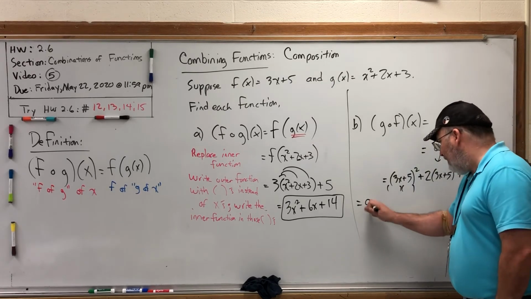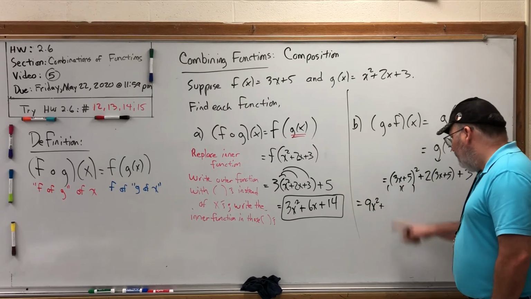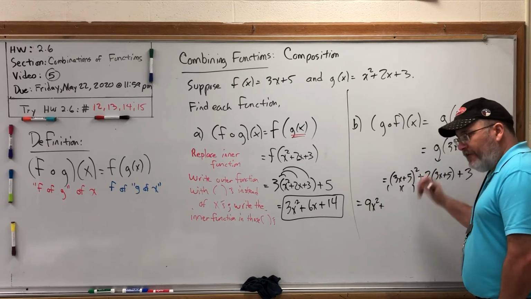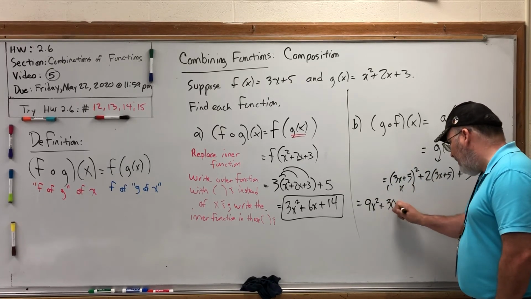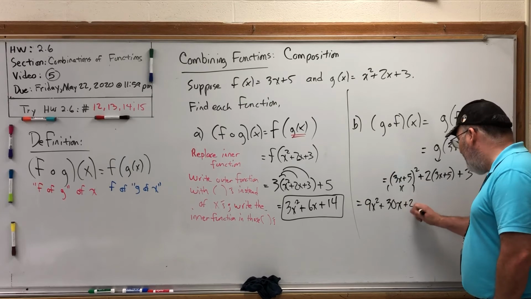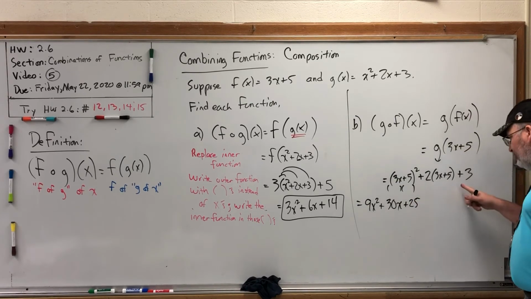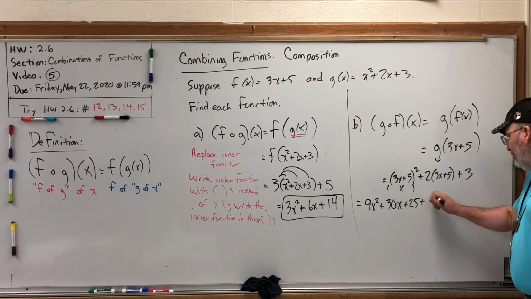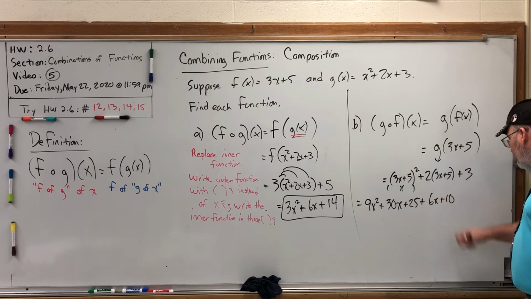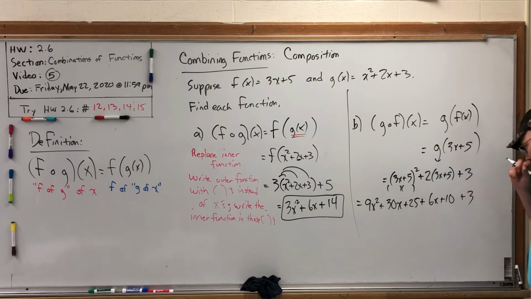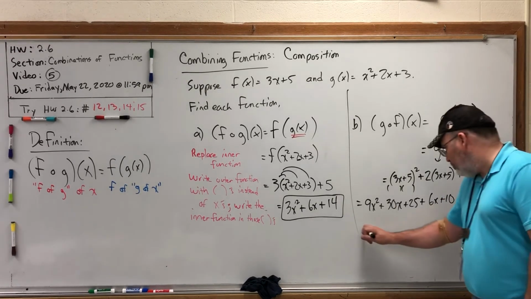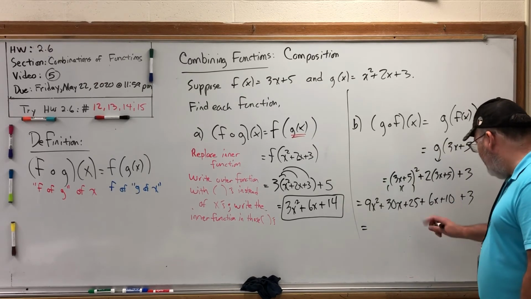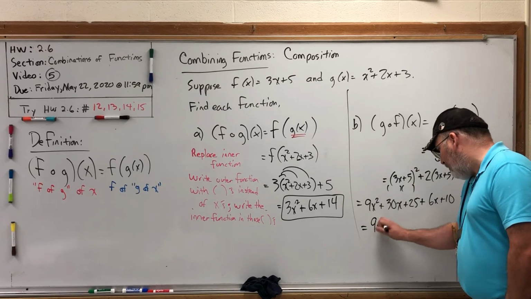We would get 9x squared plus 15x plus another 15x, which would be plus 30x, and then plus 25. A small distributive property move here, so plus 6x plus 10, and then the plus 3, and now we have a smattering of like terms. There is a 9x squared, but that's the only x squared.